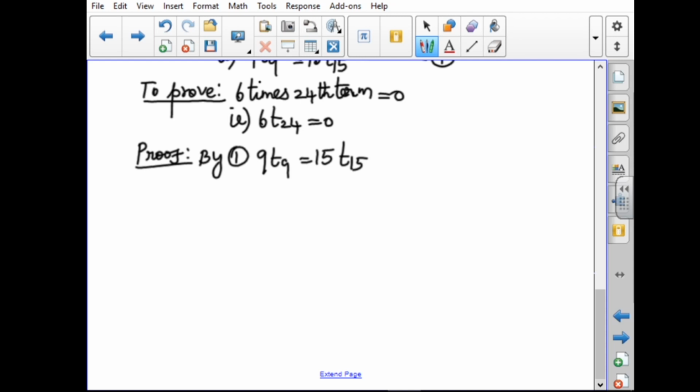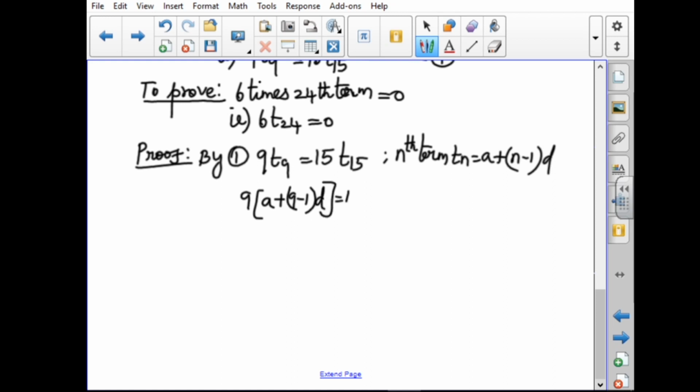We know the nth term, Tn equal to A plus n minus 1 into D. Substituting this for T9 and T15, so 9 into A plus 9 minus 1 into D equal to 15 into A plus 15 minus 1 into D. That is 9 into A plus 8D equal to 15 into A plus 14D.